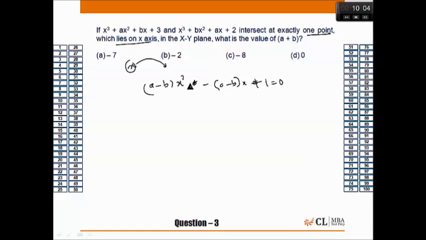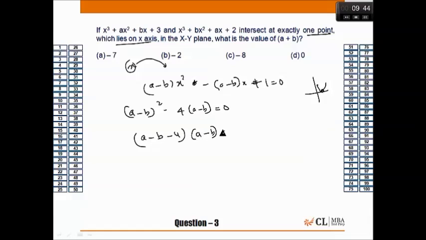This quadratic must have just one root, which means the discriminant should be equal to 0. So (a minus b) squared minus 4 times (a minus b) should be equal to 0.